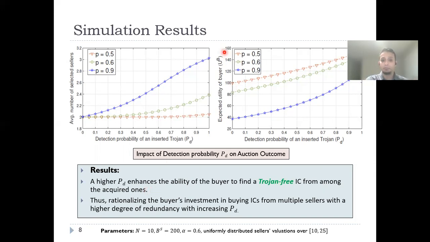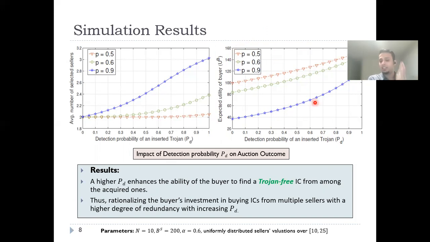Next, we have plotted the expected utility of the buyer versus the detection probability PD. Here, what we are able to see again is that as we increase the probability of detection, the expected utility of the buyer increases for given P values. Why?